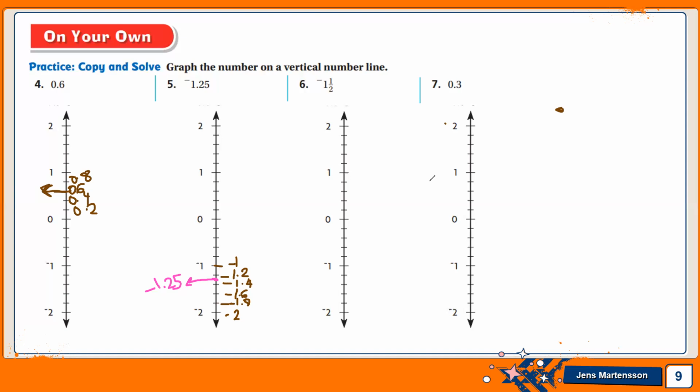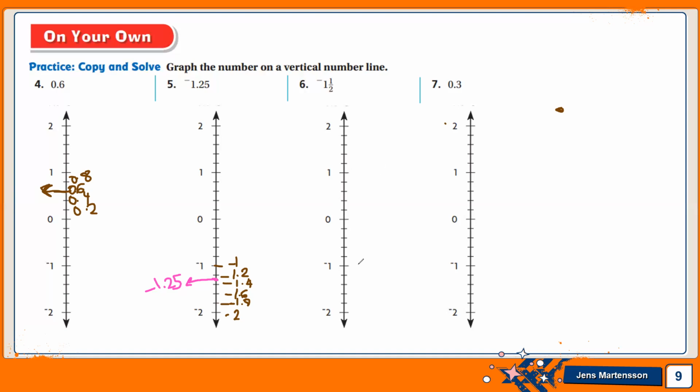Others, mute your microphone. Negative 1.5, between which two numbers? Bravo, between negative 1 and negative 2.